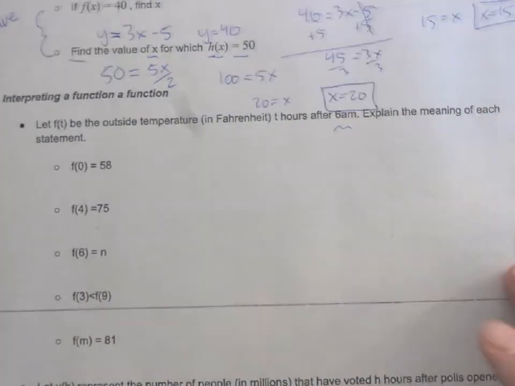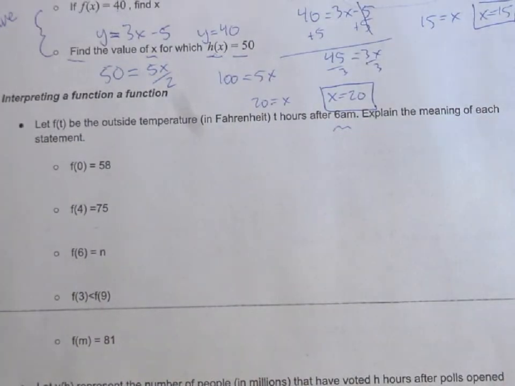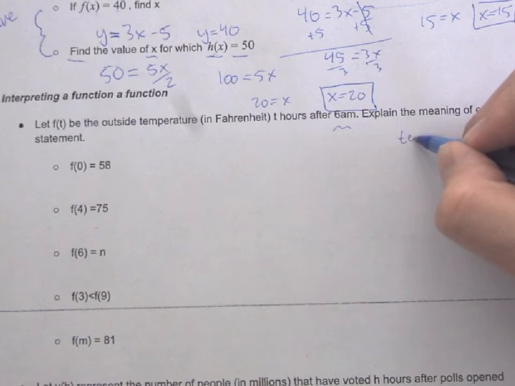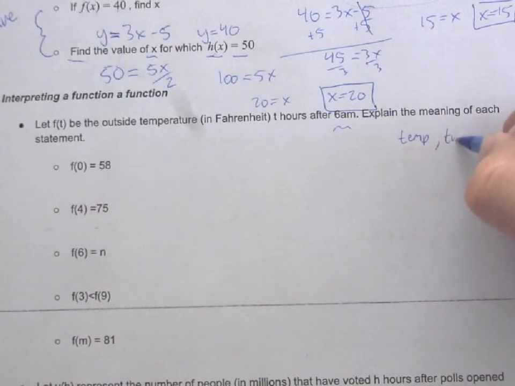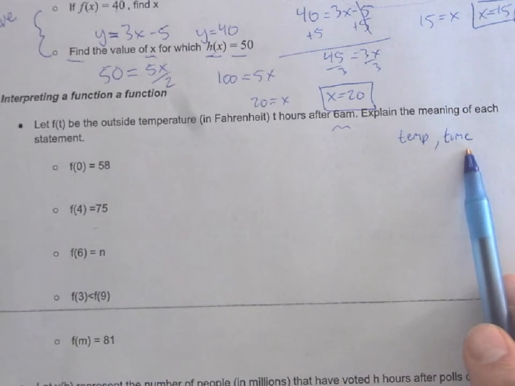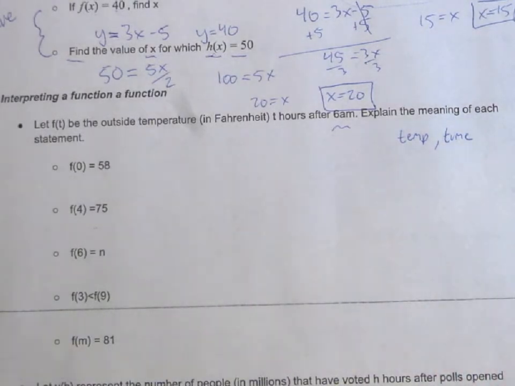That's what's going on here. There's two quantities, temperature and time. And we know that temperature is dependent on time, or temperature is a function of time, right? So temperature depends on how many hours have gone by.